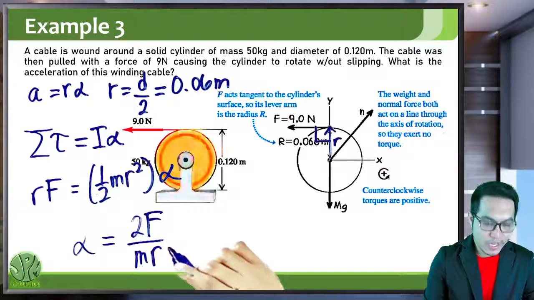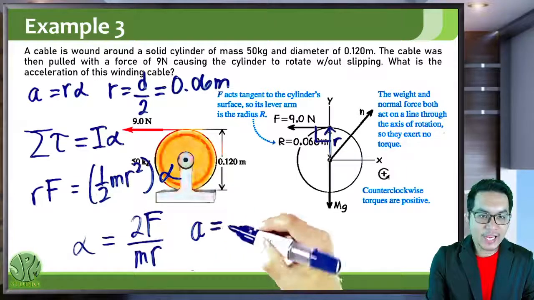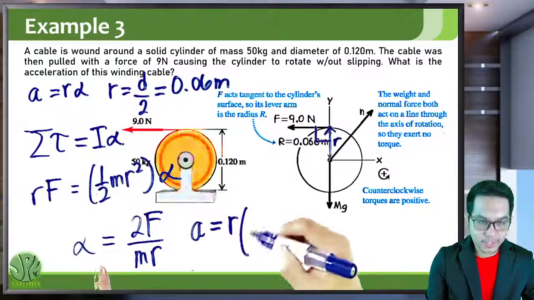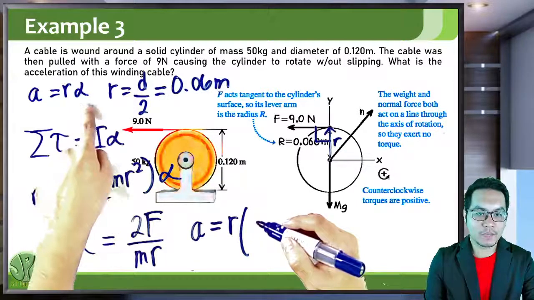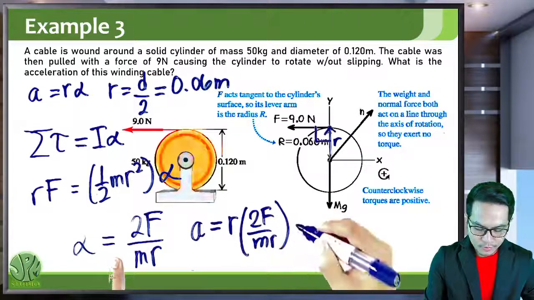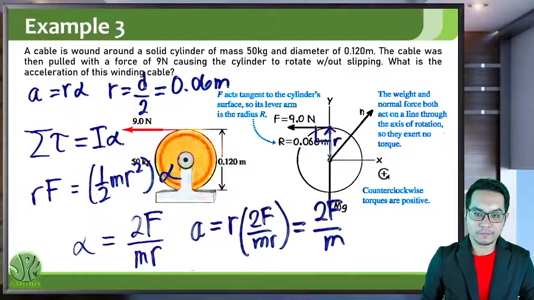So this is now the angular acceleration. To solve for the acceleration, a is just r times alpha, where alpha is 2F over m r. So acceleration is just 2F over m.